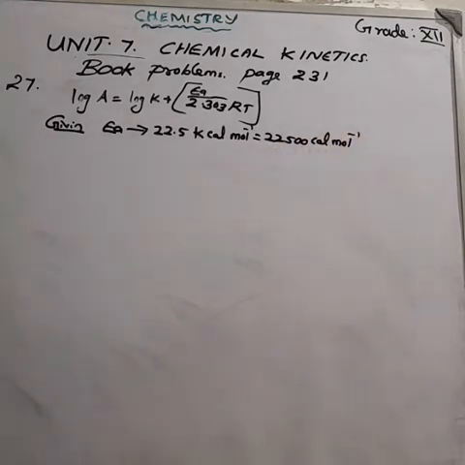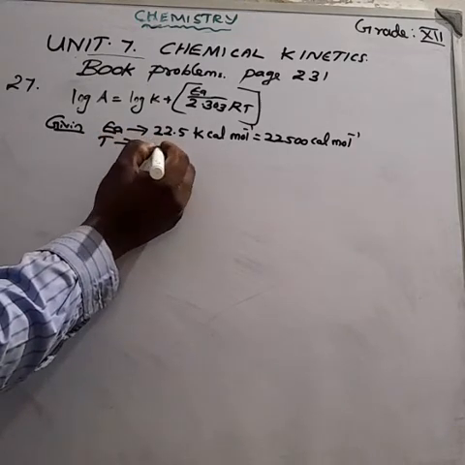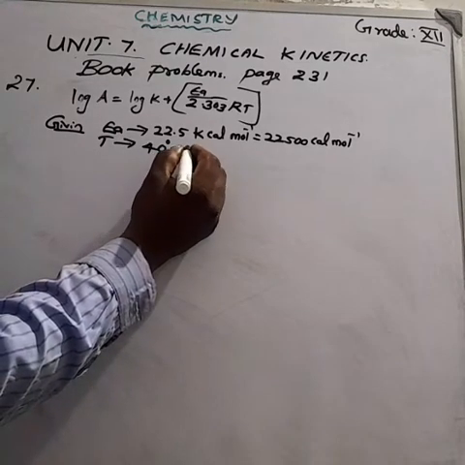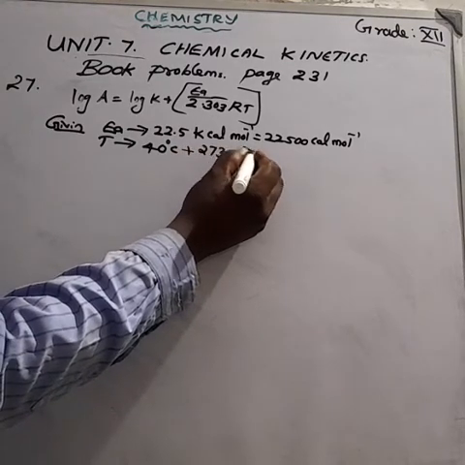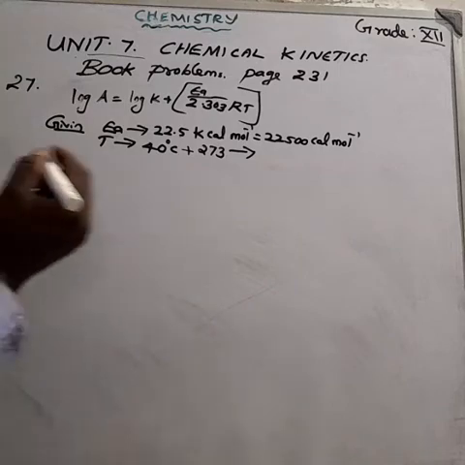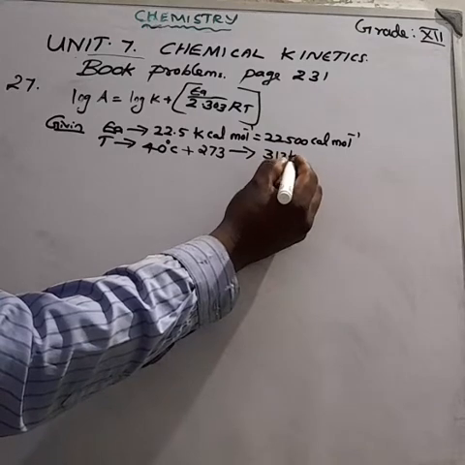About the temperature, T is equal to 40 degrees Celsius. We have to convert it into Kelvin by adding 273. 40 plus 273 equals 313 Kelvin.